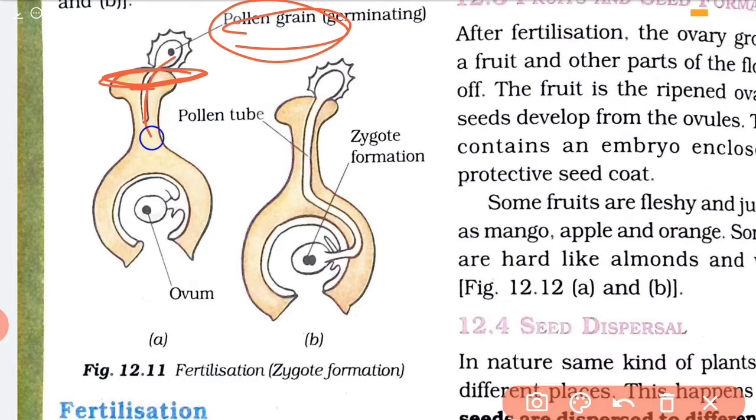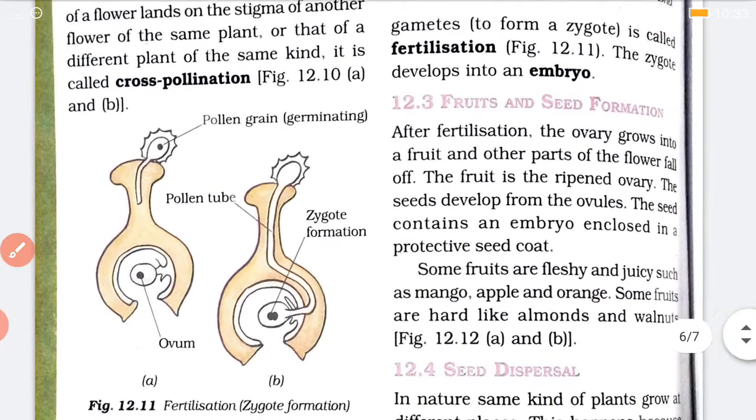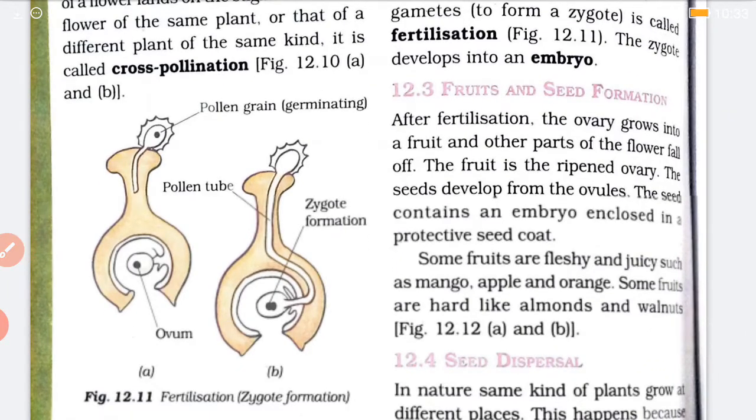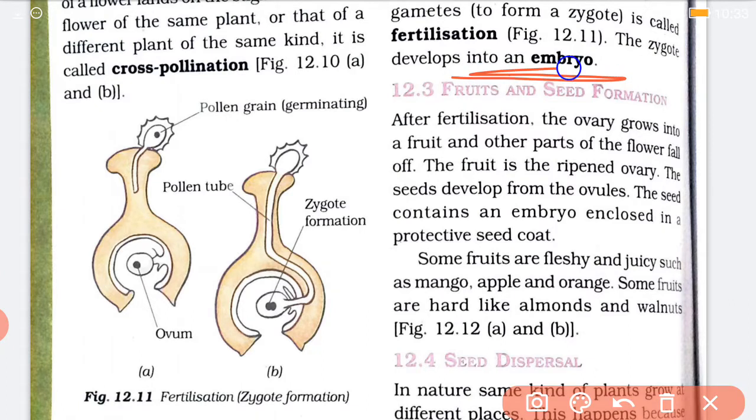They form a tube like structure which reaches the ovary. And in ovary, what is there? The female reproductive cell is there, which is the egg or the ovum. Now the male and the female part fuse inside the ovary and form the zygote. So this is how the fertilization takes place. And after the formation of zygote, the zygote will develop into an embryo.